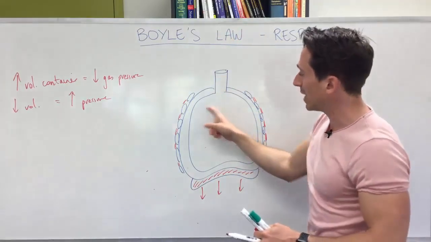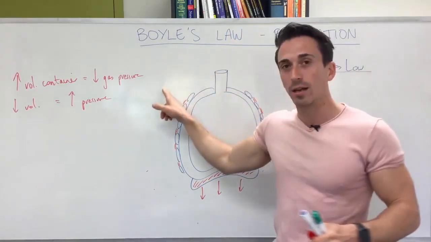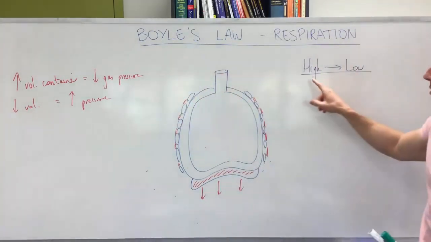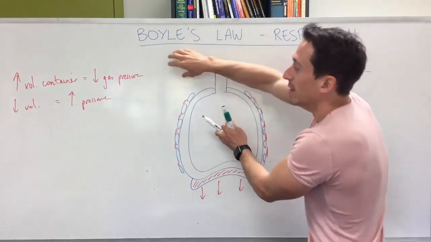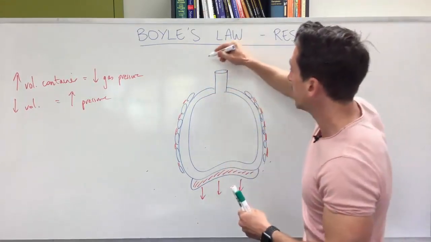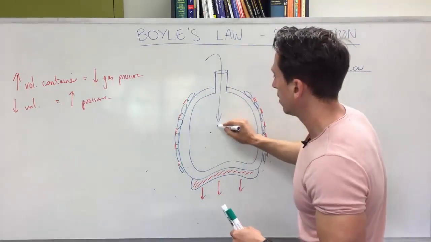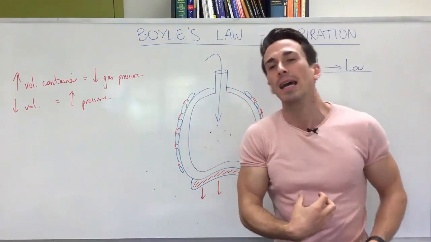And that means the pressure inside of the lungs is going to be less than the pressure outside of the lungs. And I also told you that gas likes to go from high to low. So if the pressure in the lungs is lower than the pressure outside, what's going to happen? Gas will inevitably be dragged in to the lungs. That's how we inspire, that's how we bring this air in.